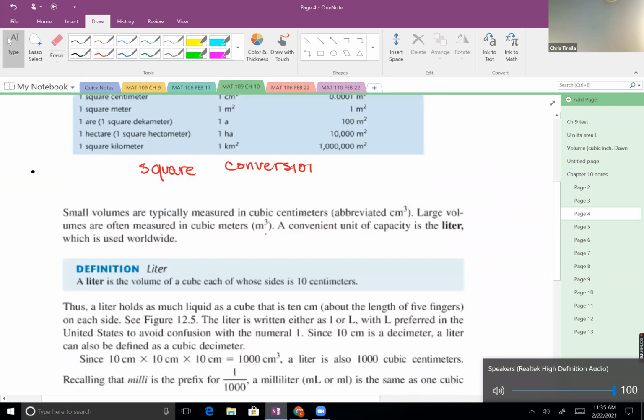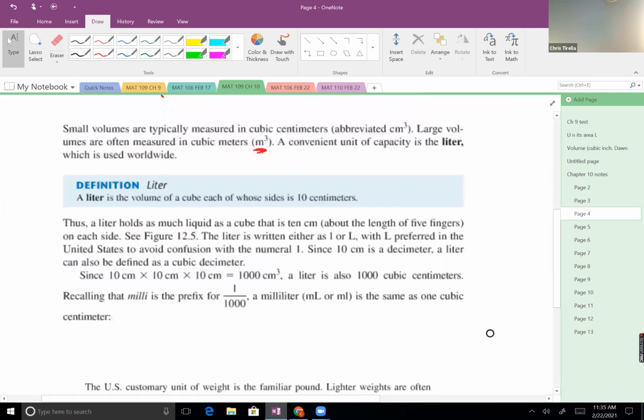And with volumes, you would have to cube it. Although when we look at volume, we talk about the liter. And I'm not going to necessarily hold you accountable for this information, but there is a homework question that asks you to make use of the information. Because if I were to compare ounces to inches, where did an ounce come from? For that matter, how do ounce weight wise versus ounce fluid wise compare?